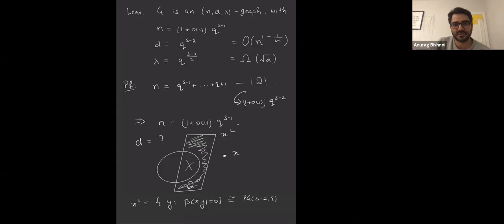That's what we are looking for, and we want to say what exactly the size is there. So now I just write a fact, which is sort of easy to believe, but not so easy to prove, so I'll actually skip the proof. x perp intersection Q is a non-degenerate quadric.